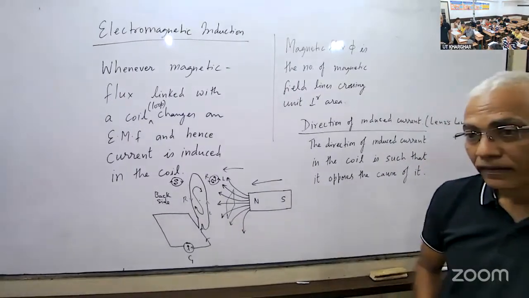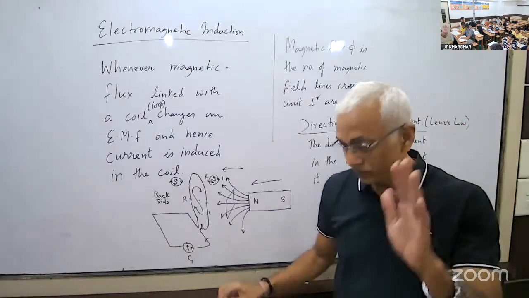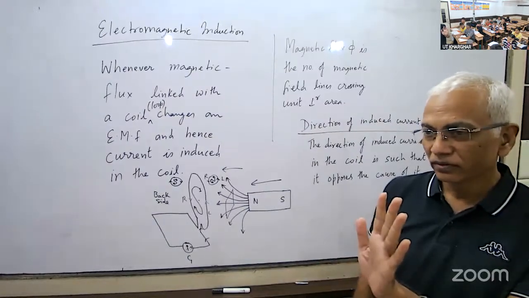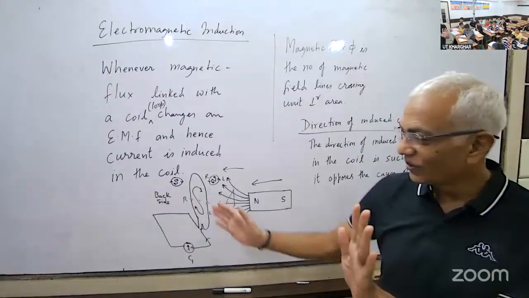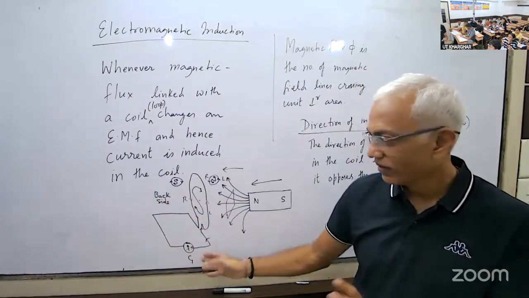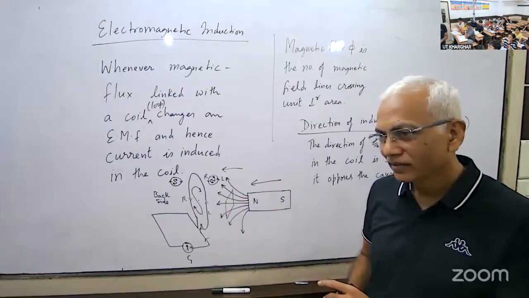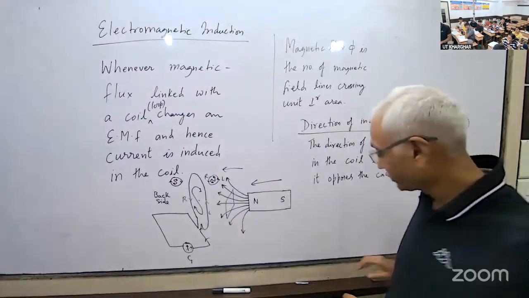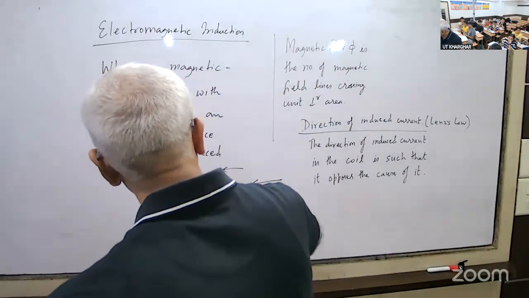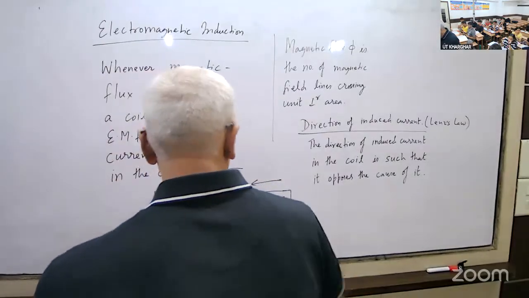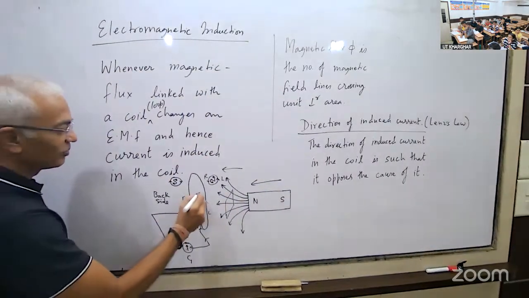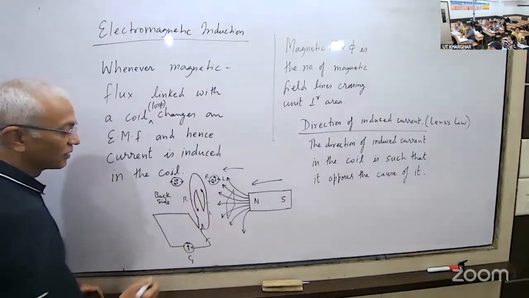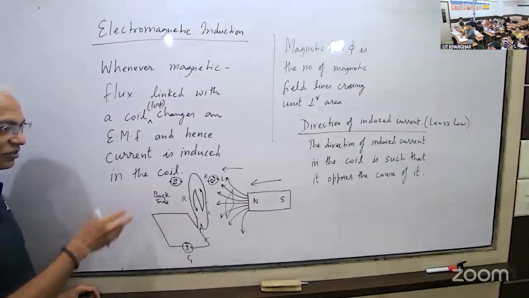In this diagram, the current is going one way. I am saying this is south. What you are seeing is the galvanometer side. The magnet side is this. From the magnet side it is north, but from this side it will be south.